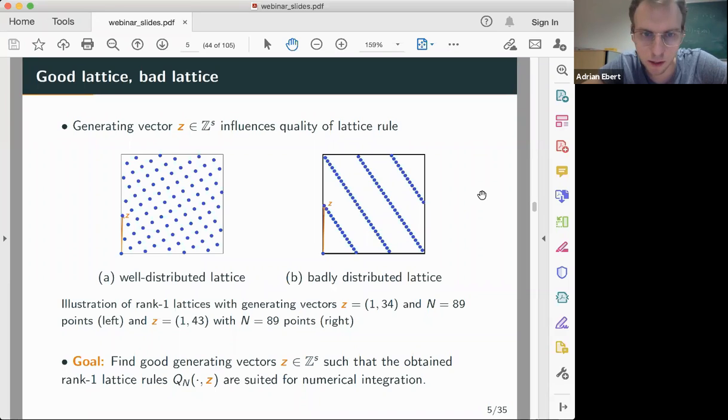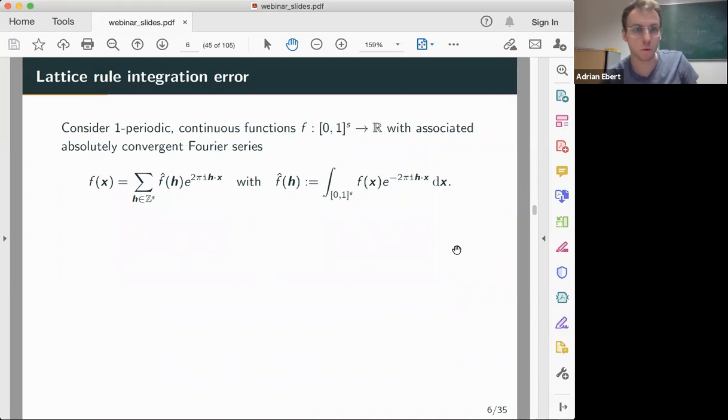But in this example, I don't really have something in mind. One can show that for certain examples, like this worst case error that I introduced, it is actually directly related to certain discrepancy notions. But here I just meant it without going too much into technical definitions. Okay, thank you.